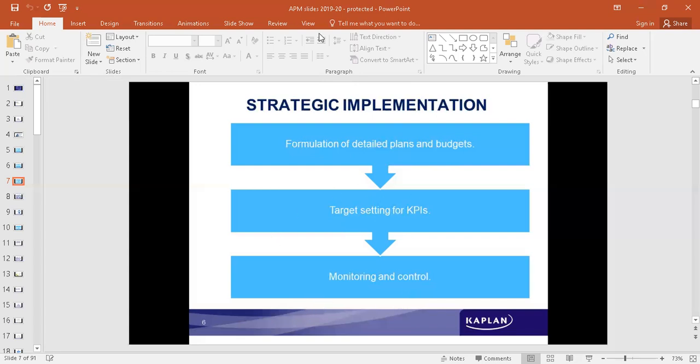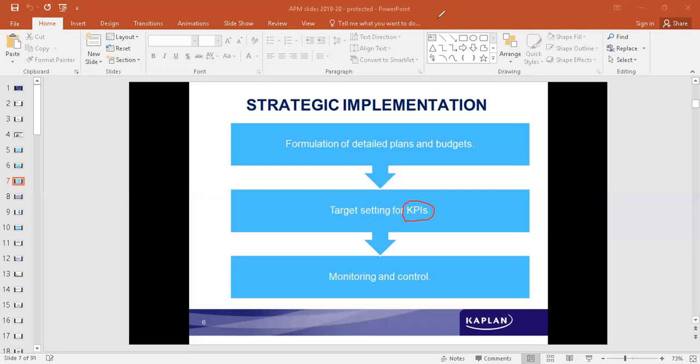There is a concept called KPIs that are used. What are KPIs? Key performance indicators. With the help of key performance indicators, the performance is measured. Right now I'm not explaining what key performance indicators are, because in a short while we will be studying CSFs and KPIs in detail.